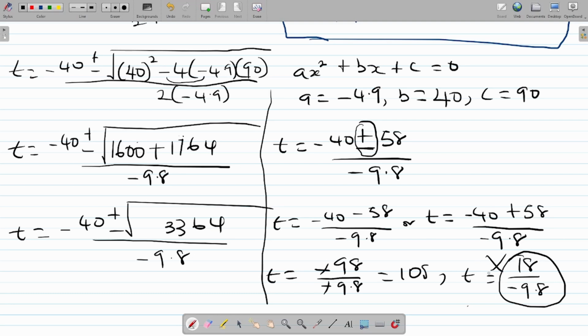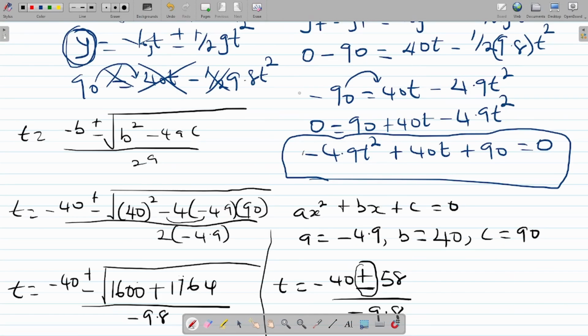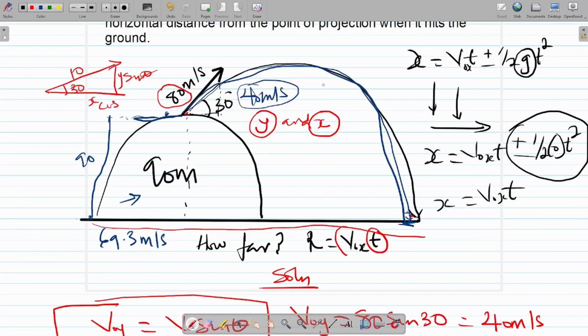Whenever you're solving using the quadratic formula and you discover that your time is negative, you can ignore the negative answer and pick the positive one, just like we have here. So it means that it took 10 seconds for this projectile to travel from this point of projection down here. So now, like I said, we have found our time.